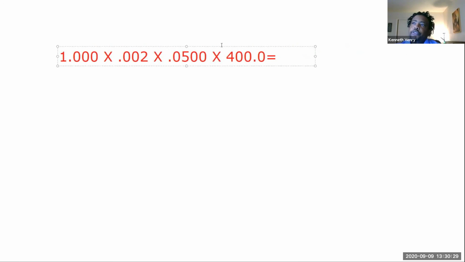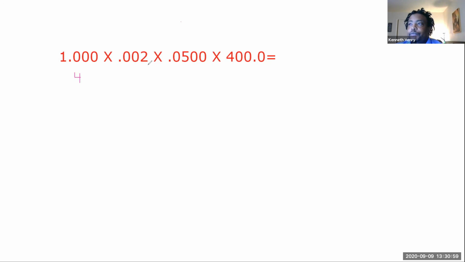When we're doing multiplication or division, we're going to take the one that has the smallest number of significant figures, and that's going to be your answer. So how many sig figs does this first number have? 4 sig figs.